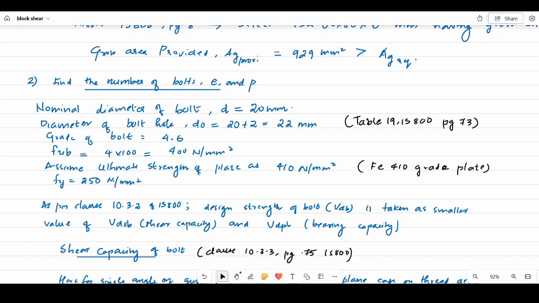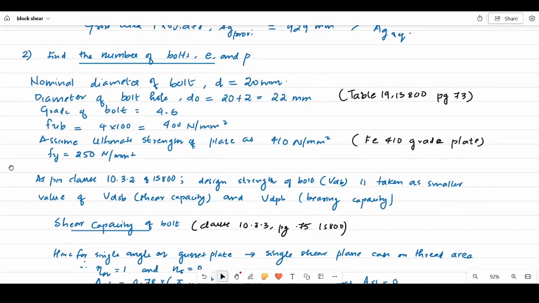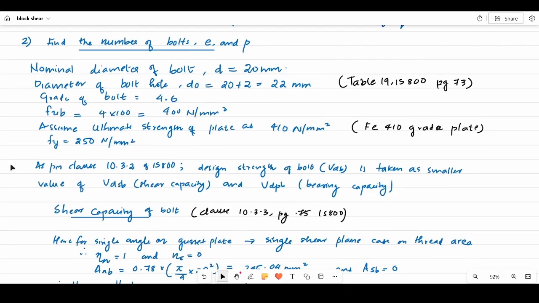Now if you look at the design of connection, which is in Chapter 10 of our IS 800, as per Clause 10.3.2, the design strength of a single bolt, which is denoted as Vdb, must be taken as the smaller value of Vdsb, which is the shear capacity of a bolt, and Vdpb, which is the bearing capacity.